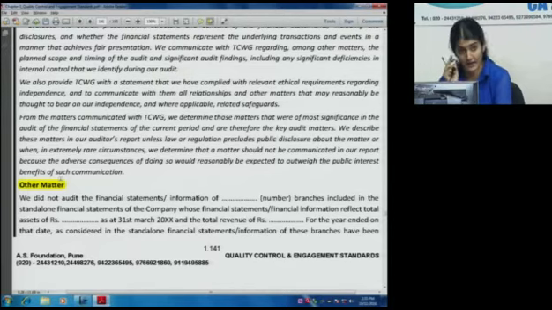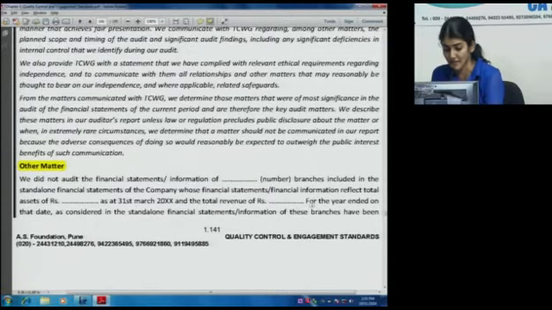Other matter. I'm at 700, no? And we did not audit the financial statements, in my example, of 8 branches included in the standalone financial statements of the company, whose financial statements reflect total assets of say 38 crore and total revenue of say 70 crore for the year ended on that date, as considered in the standalone financial statements.